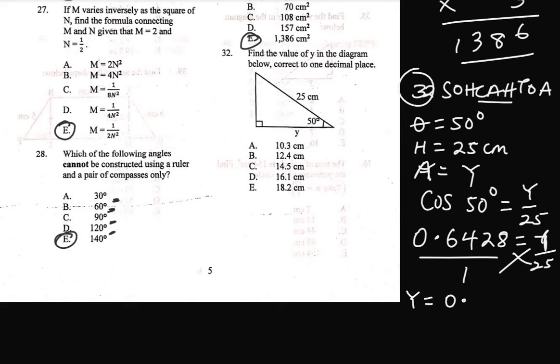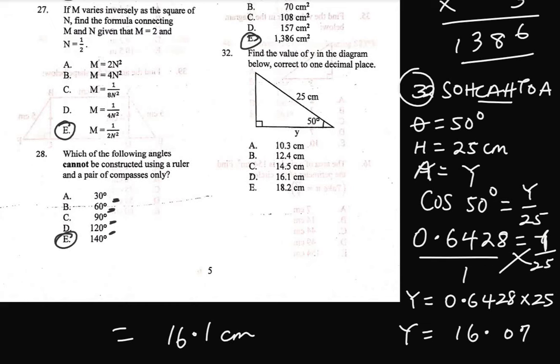So 0.6428 times 25 will give us the value of y. If you multiply that, you get about 16.07, which is approximately 16.1 centimeters. Now, if you look at the options, the right answer will be D, 16.1 centimeters.